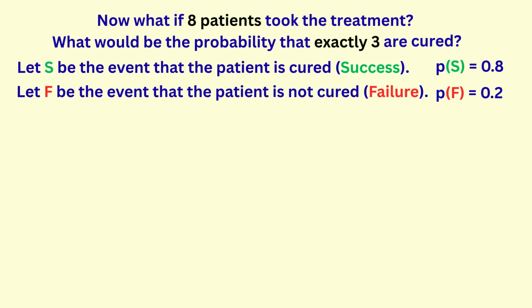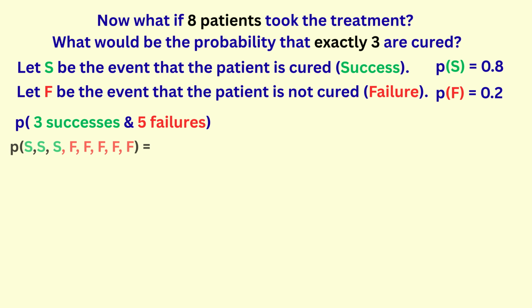Now what if 8 patients took the treatment? What would be the probability that exactly 3 are cured? In order to find the probability, the arrangement would need to have 3 successes, which means 5 failures.